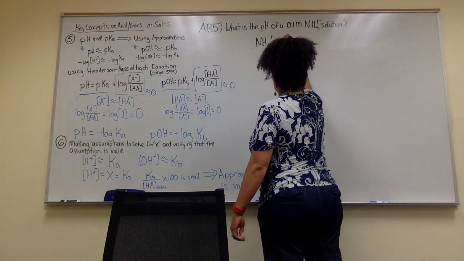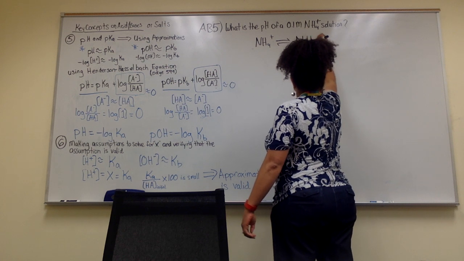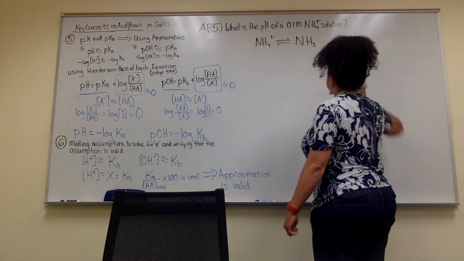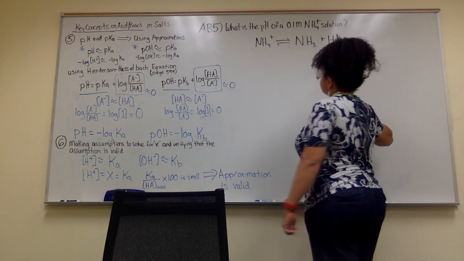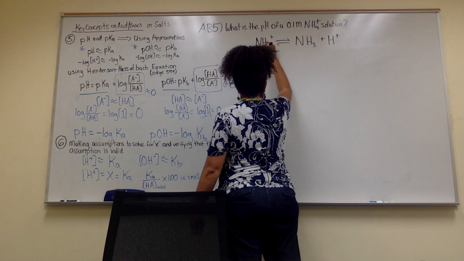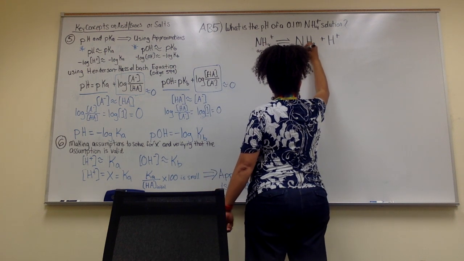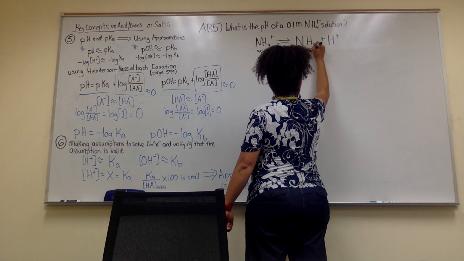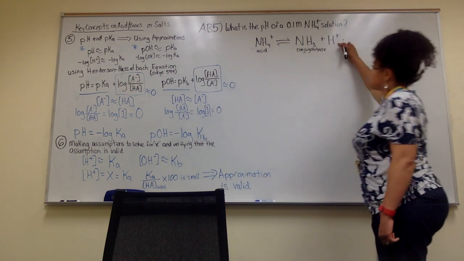We write this reaction as going to NH3, which is the conjugate base, plus H plus. So this is the acid, this is the conjugate base, and then this is our H plus.